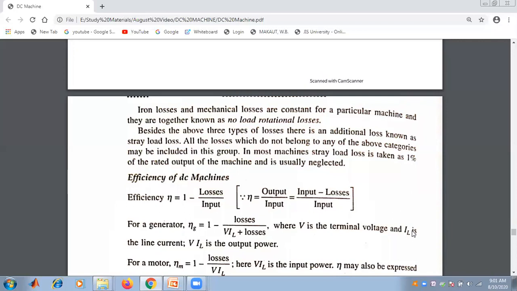So efficiency of a DC machine is given by 1 minus losses by output, that is output by input, that is input minus losses by input.